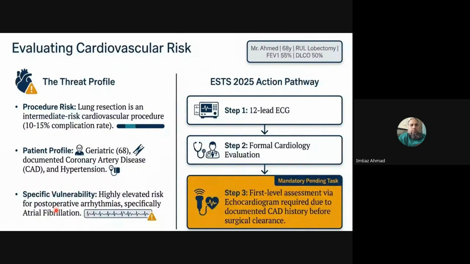So this patient is specifically vulnerable to post-operative or intraoperative arrhythmias, particularly atrial fibrillation. Now, the ESTS 2025 action plan in this case will be, first we'll do a 12-lead ECG to find out any positive findings. Second step will be cardiology evaluation, and third step, first level assessment by echocardiogram due to documented coronary artery disease before surgical clearance.